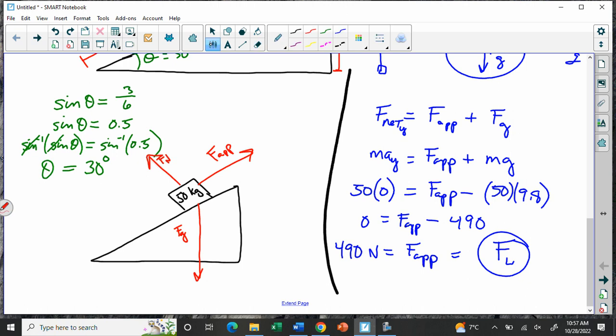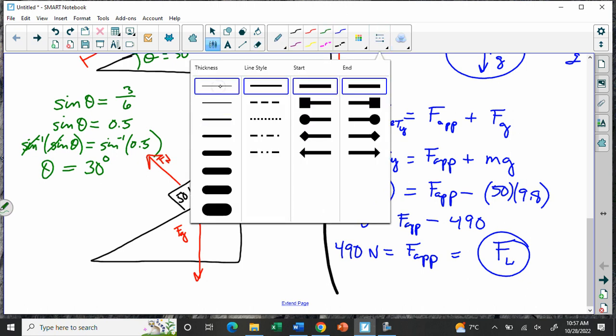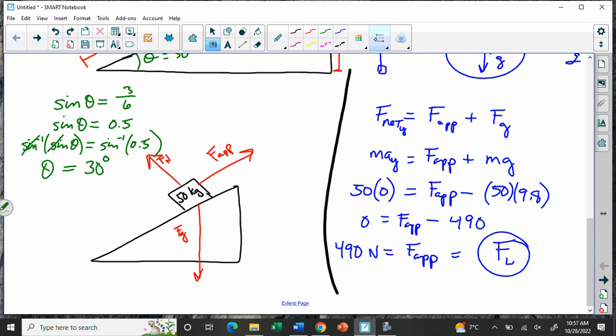Now remember how we deal with this. We have to resolve the gravity. We have to pretend that our axis is bent to match the plane. And we resolve the gravity here into its two components, like this. And this is what we call FGX. And this is what we call FGY, oh, I'm sorry, let's go back and fix that.